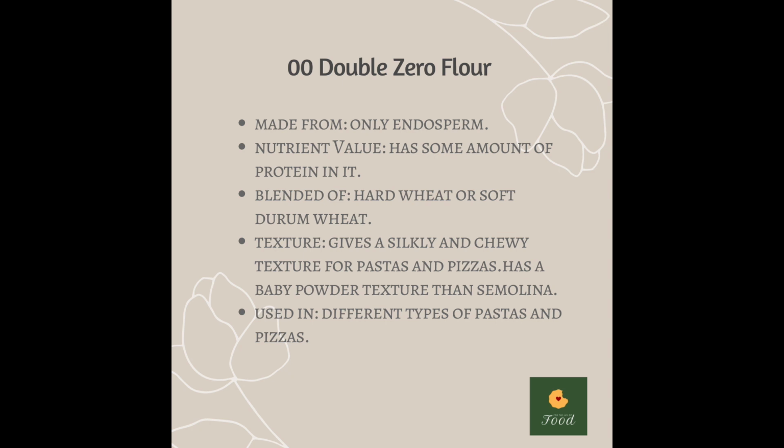Only the endosperm is present, and the bran and the germ are totally removed. This flour is very powdery in texture, so it gives a silky texture to our pastas and pizzas, and this flour is suitable for the chewy texture of the pasta.